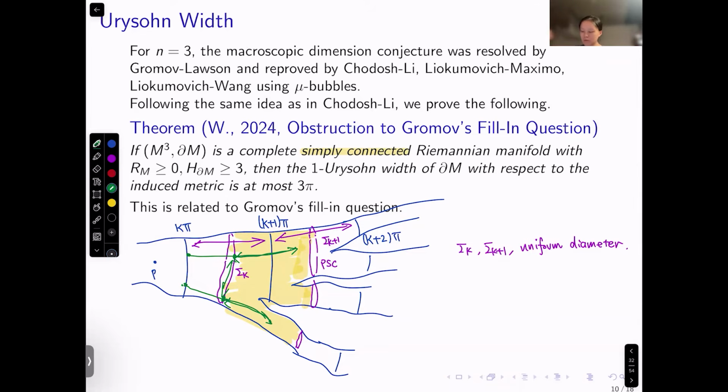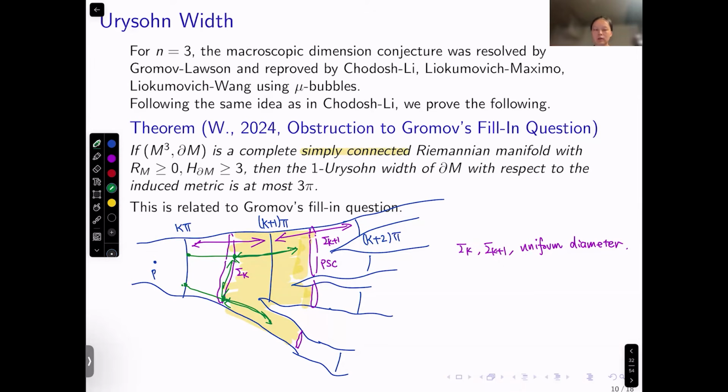So now you can say that the whole chunk that's chopped up by the theta bubble also has a uniform bound. So that's how you bound the Urysohn widths of the boundary of the manifold. And one immediate corollary of this is that now we chopped up our manifolds into chunks that are growing linearly in size.